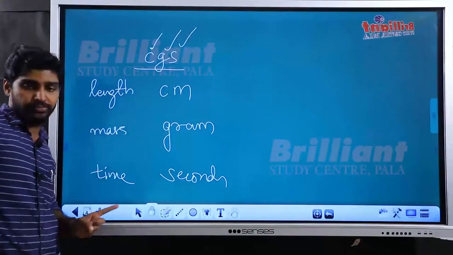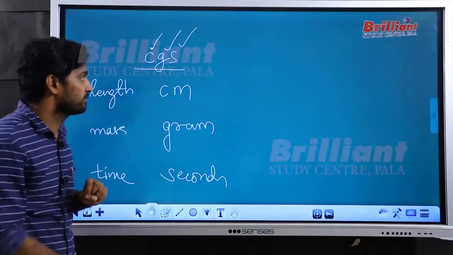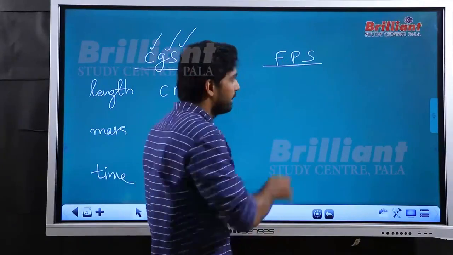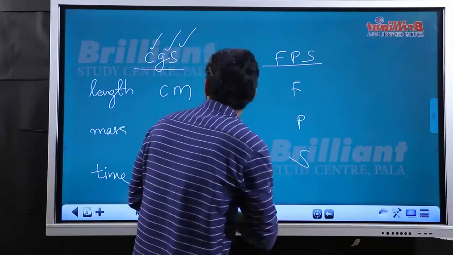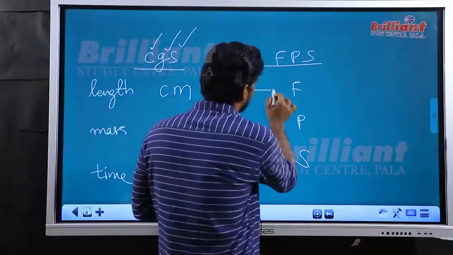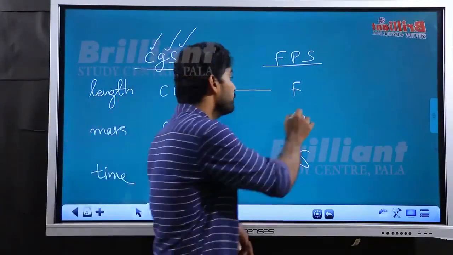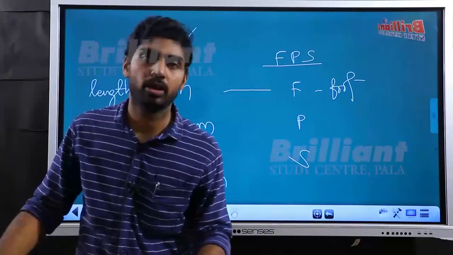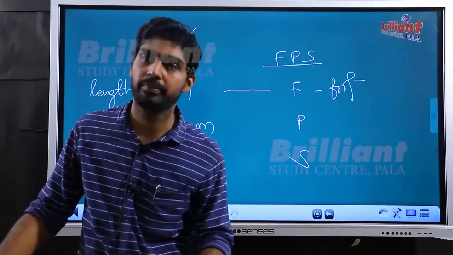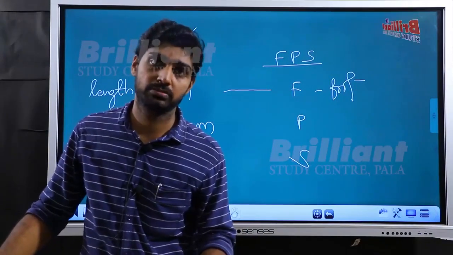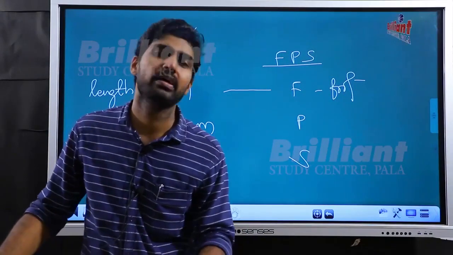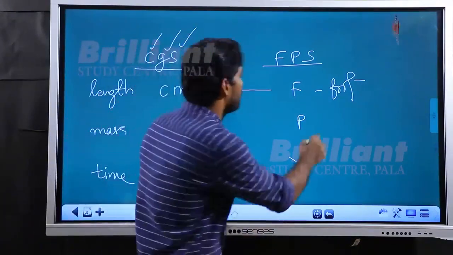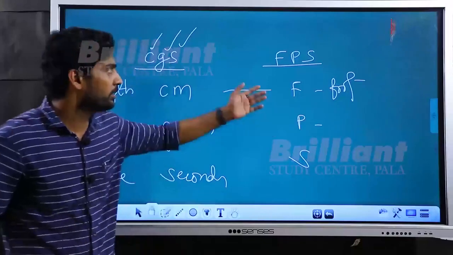length, mass and time. Then we have the FPS system. Again, FPS. For length, we have foot. Normally I say that my height is maybe 5 feet 11 inches, then it is the FPS system.